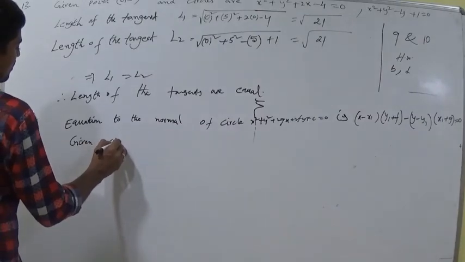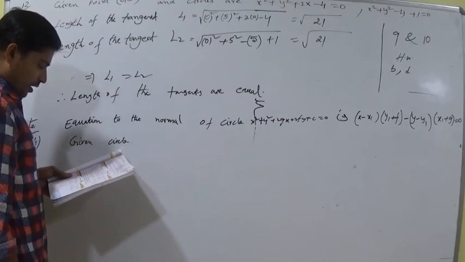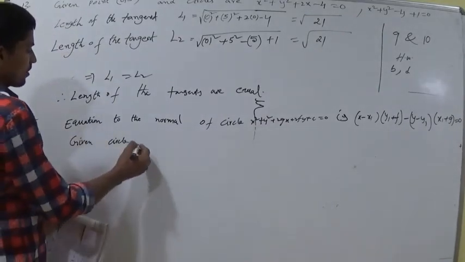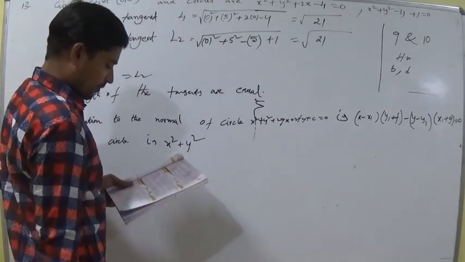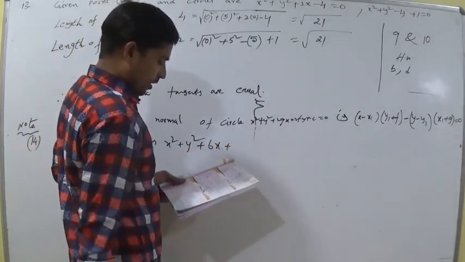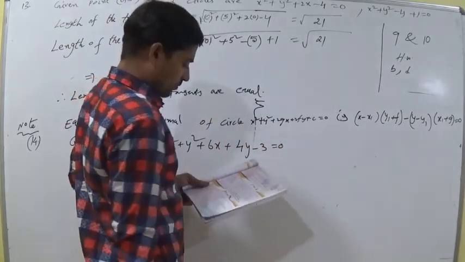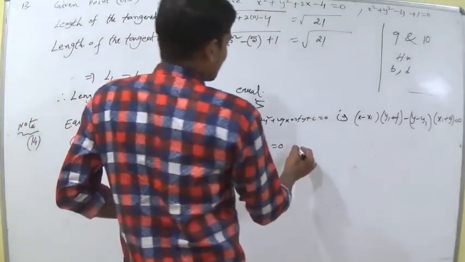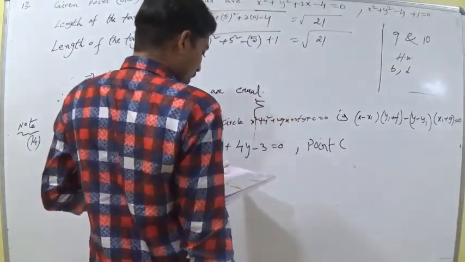Given circle is x square plus y square plus 6x plus 4y minus 3 equal to 0. Point is (1, minus 2).